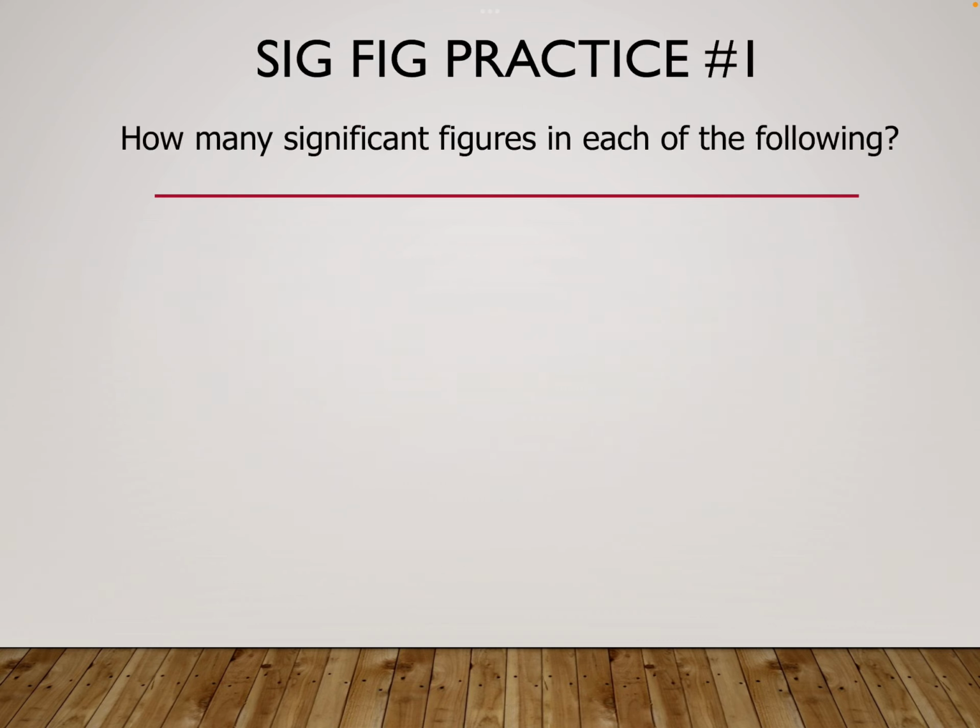Okay? So let's try this out. How many sig figs in each of the following? So here's one. Looking at this, we know the 1 and the 7 are significant because they are non-zero digits. It's the zeros that we need to worry about. Do you see these 2 zeros here? Those are captive. They're between the 1 and the 7. So those are always significant.